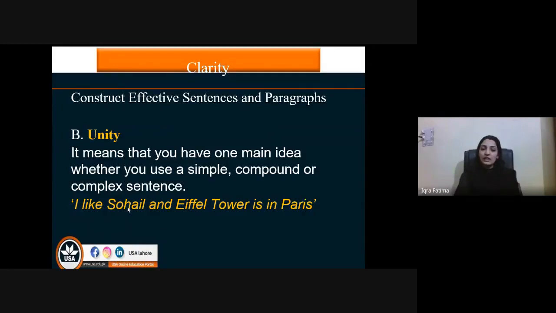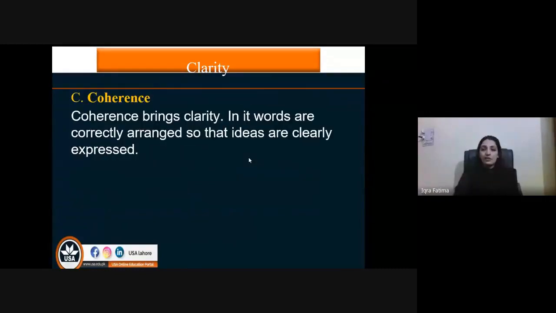Can you see that there is no unity in these two parts of the sentence? I like Suhail, and what is the relation of that with the Eiffel Tower being in Paris? So there is no one idea, no unity in this sentence. Okay, so this is wrong. You have to discuss one idea within a sentence or within a paragraph.